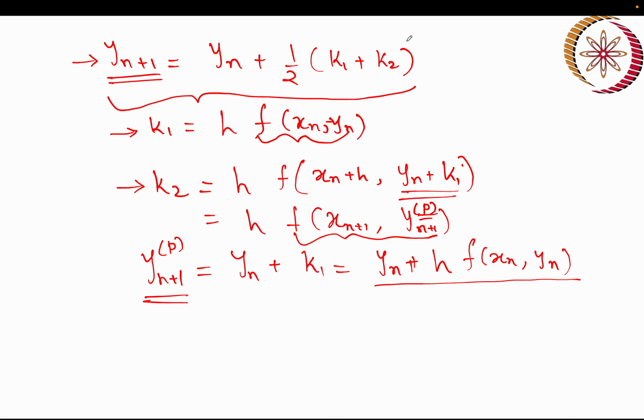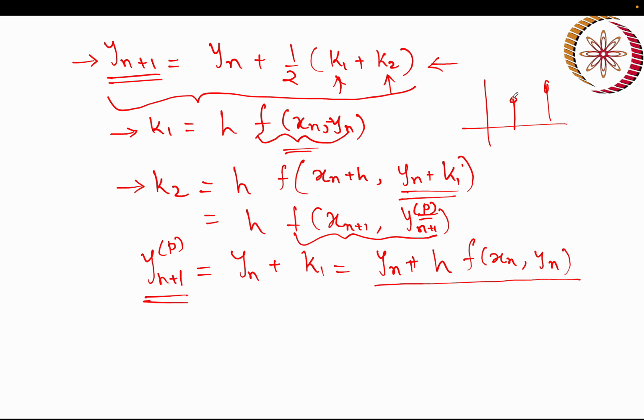So in this next step, what we are doing is we are using this average derivative value. If we just remove this h, this k1 and k2 correspond to the slopes at the two locations.